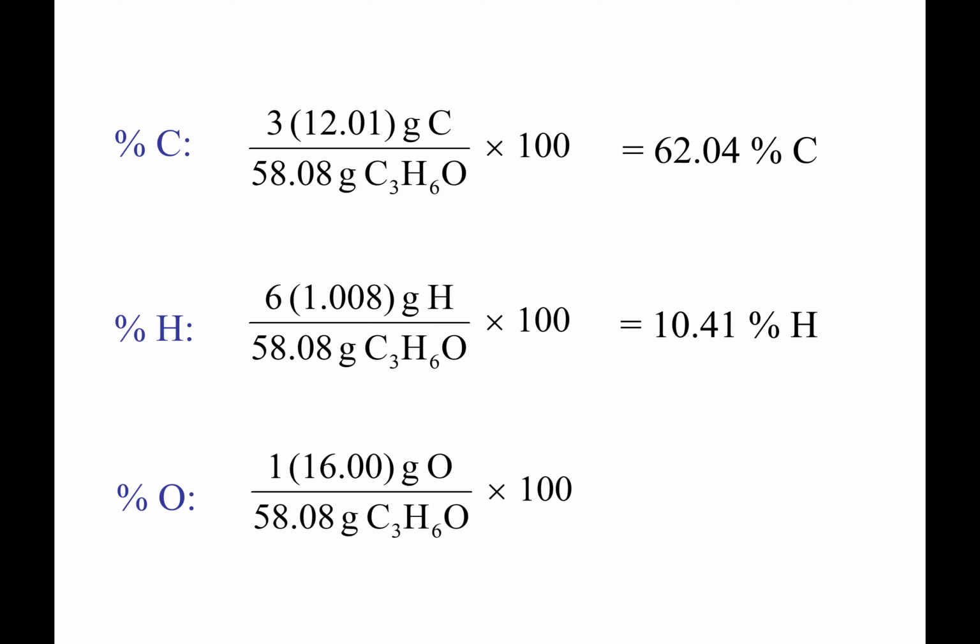We only had 1 oxygen atom times that 16.00 grams divided by the mass of the total mixture, 58.08 grams of acetone, times 100 to get it parts per 100. 4 sig figs again, and you're looking at 27.55%.